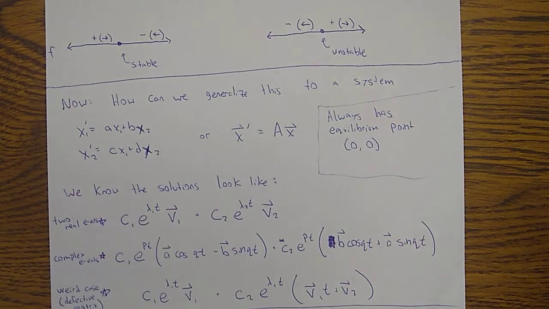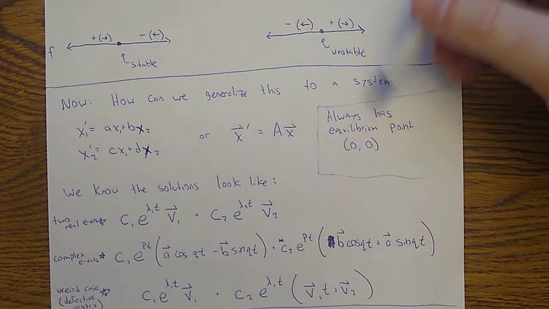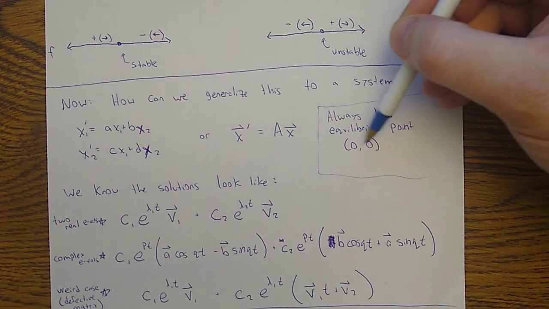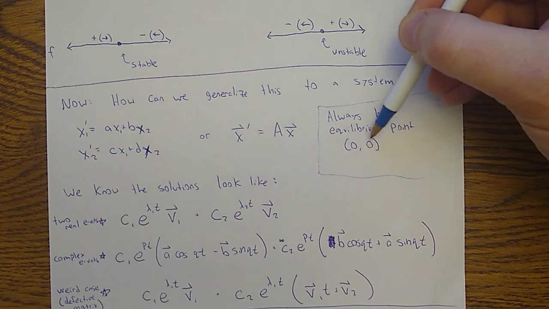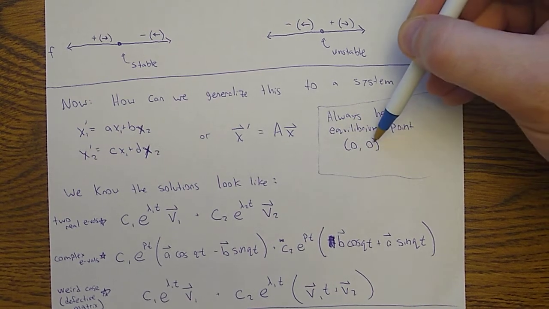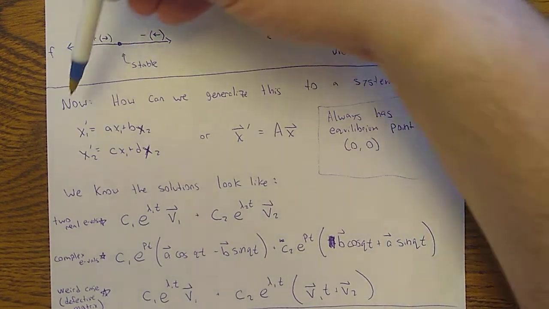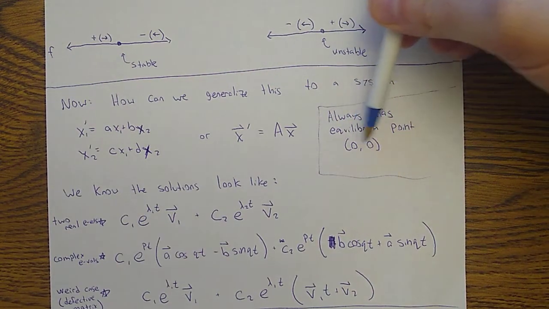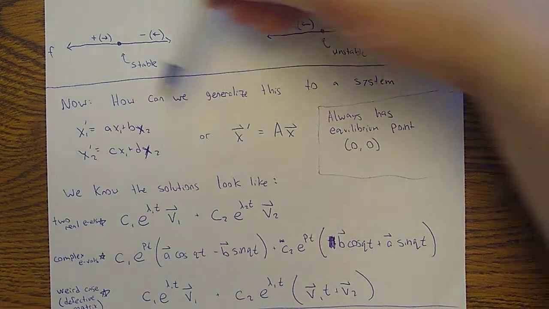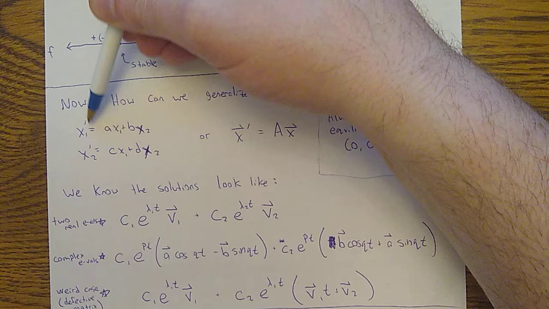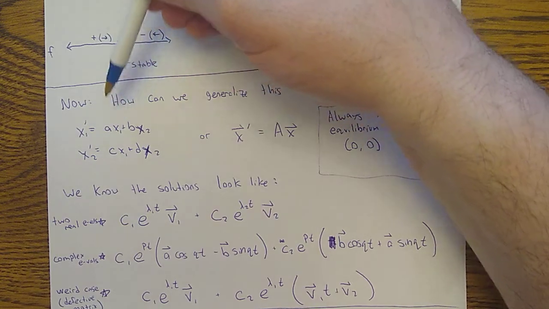And what do I mean by that? I mean it in the same sense that I was using it before, meaning like if x were to take this value, if it were to be this point, then it would stay at that point forever. Why? Because if I'm at this point, x1 is 0 and x2 is 0, and I plug that in here, this tells me that x1 prime would be 0, meaning that x1 is not changing.